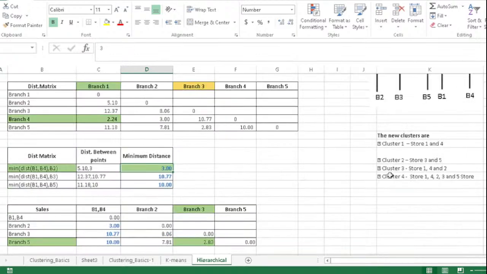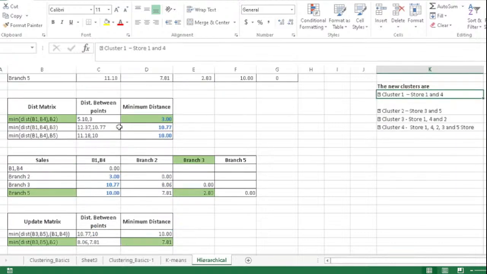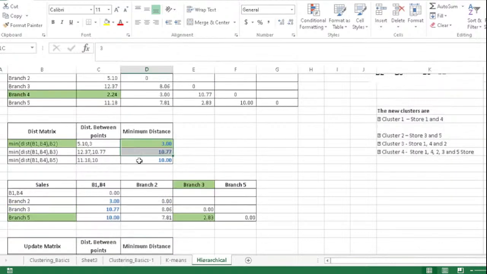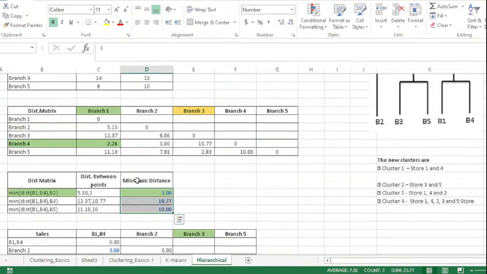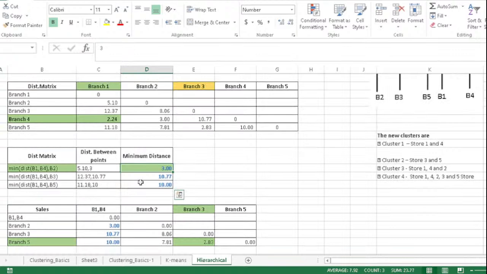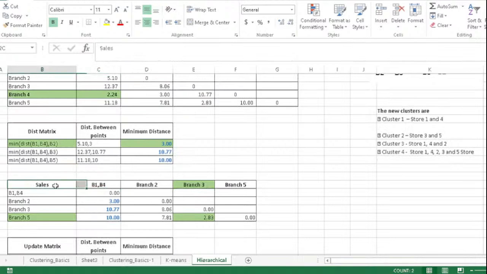Sorry, I don't club it here. My bad. I calculate the minimum distances. Now I again create a distance matrix, with 1 and 4 clubbed.